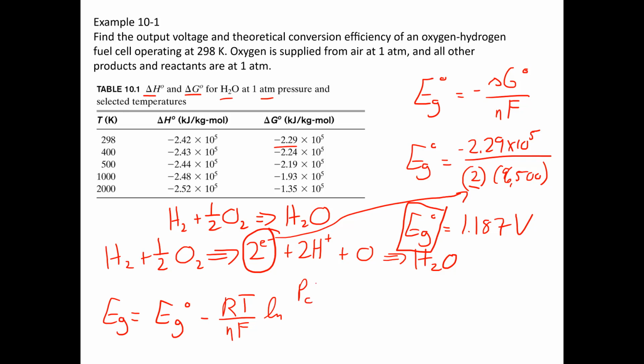So again, on the numerator, I get the partial pressure of one product raised to the number of moles of that product, multiplied by the other product's partial pressure raised to its number of moles, divided by the same thing for the reactant side.